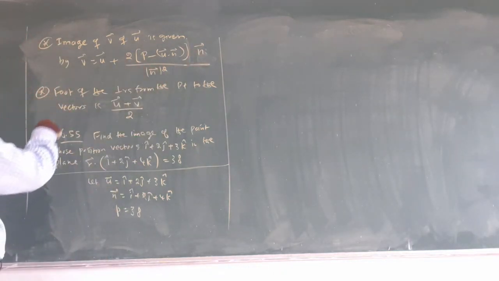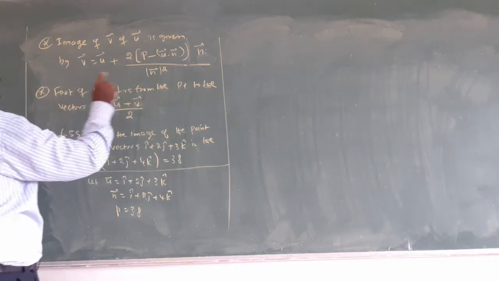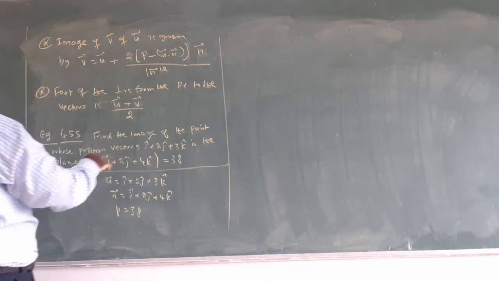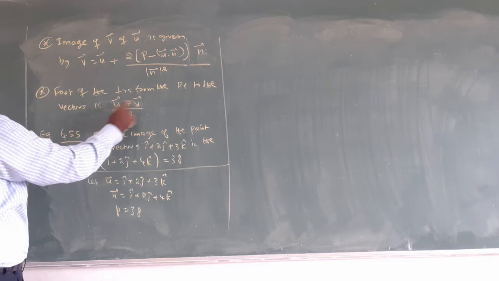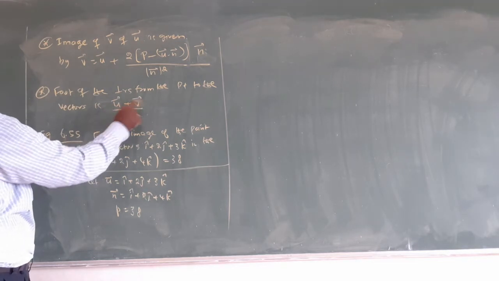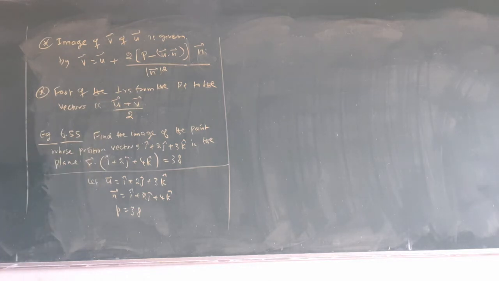The same thing for the foot of the perpendicular from the point: after finding v already, u given the average of u and v, that is u vector plus v vector by 2. In this way you find. Am I right? Two formula.